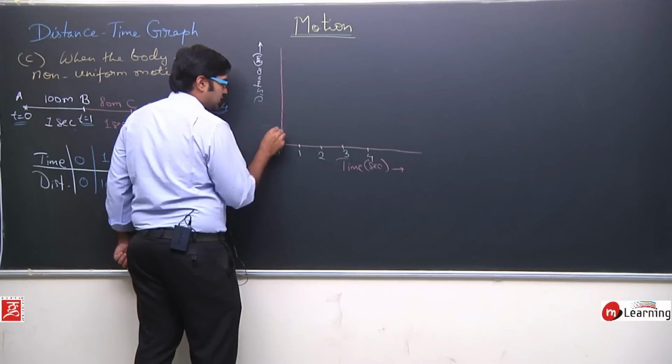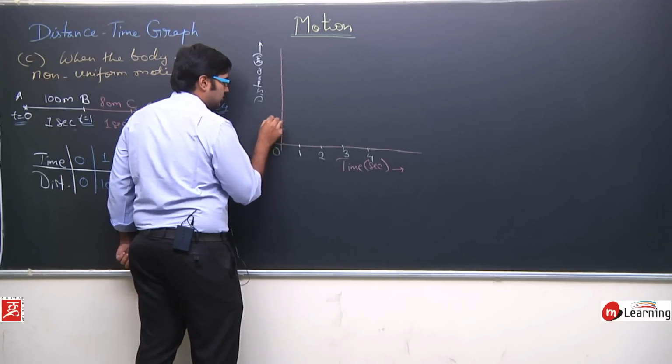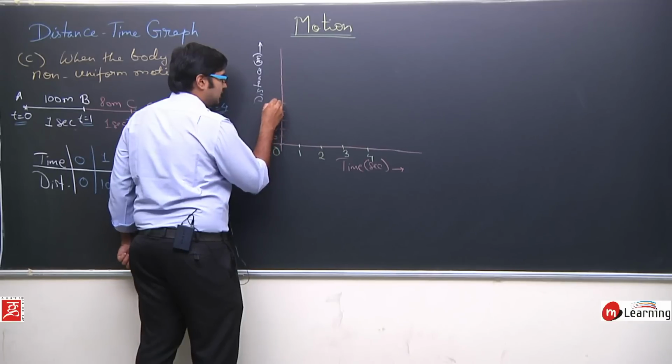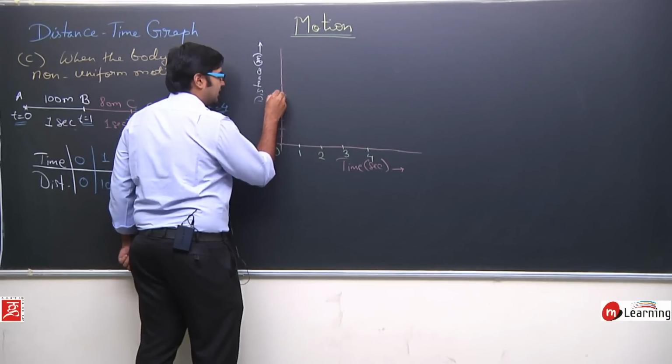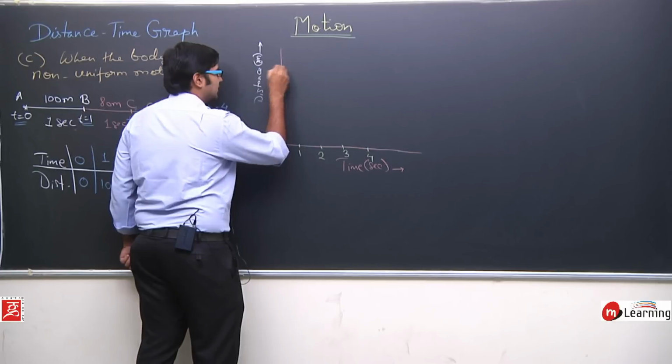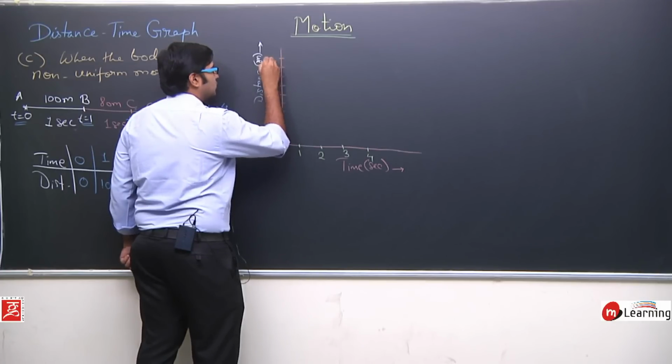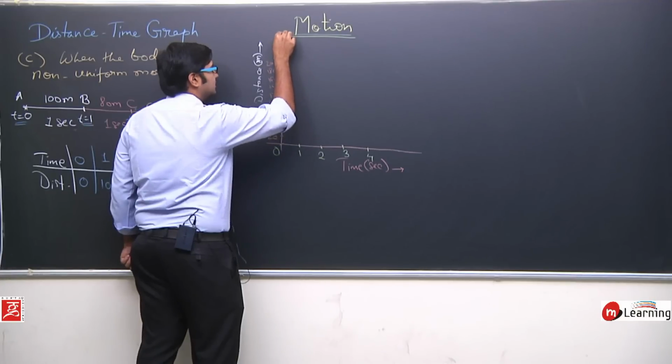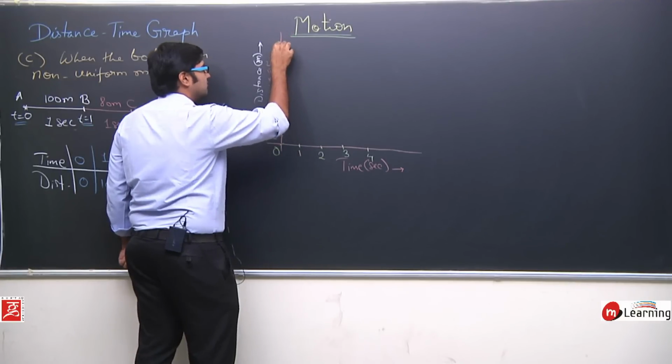This is 20, this is 40, this is 60, this is 80, this is 100, then 120, 140, 160, and 180, then 200, and let's increase the length of this y-axis.